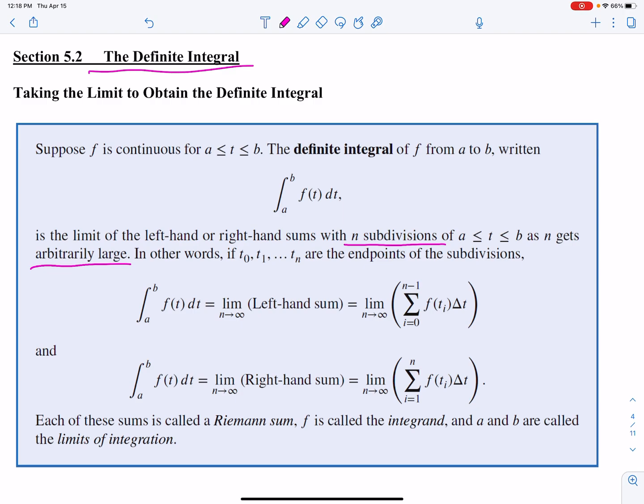In other words, if these t values, just notation for different t values or x values, are the endpoints of the subdivisions, then the integral from a to b of f of t dt equals the limit as n approaches infinity of the left-hand sum. And this is more of the notation of what I just said.